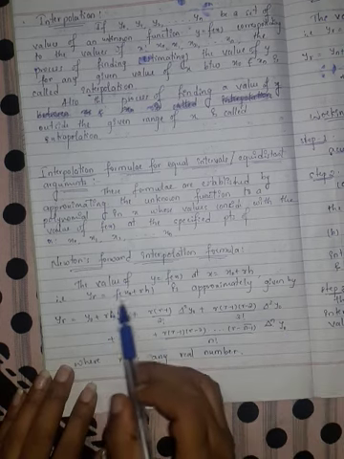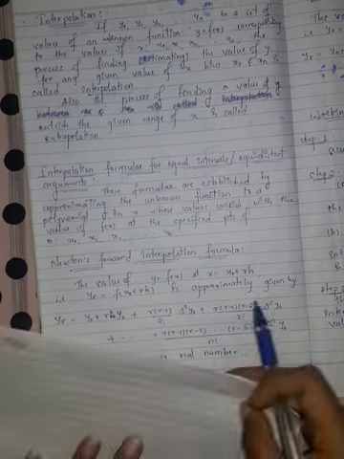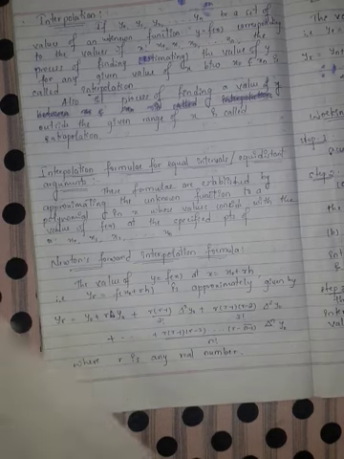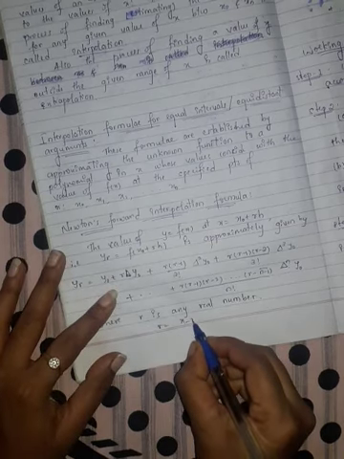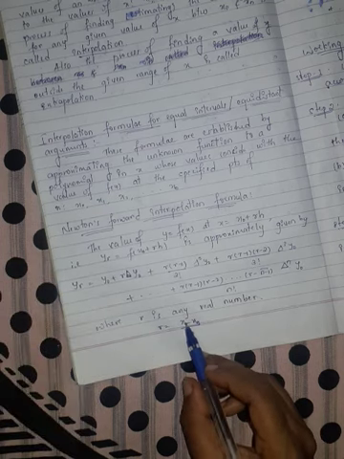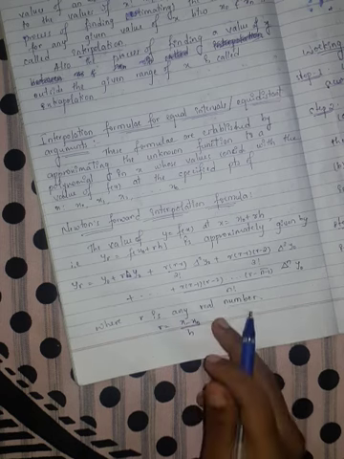Here r is any real number, given as r equals x minus x0 divided by h, where h is the step length.